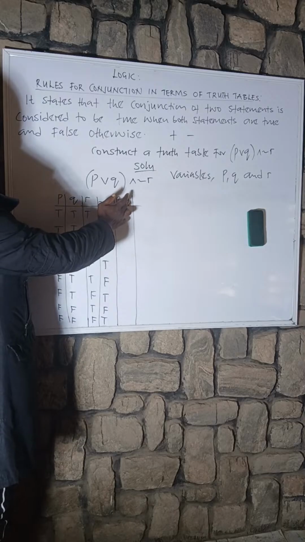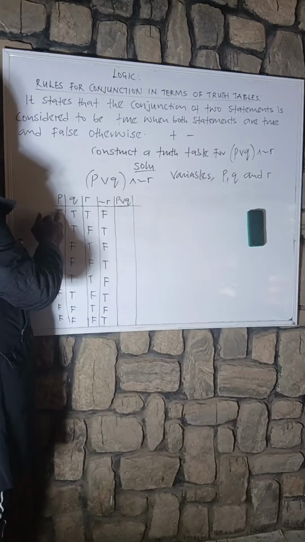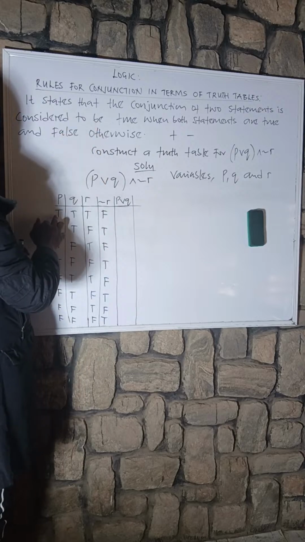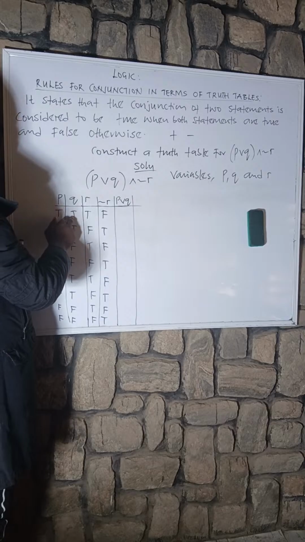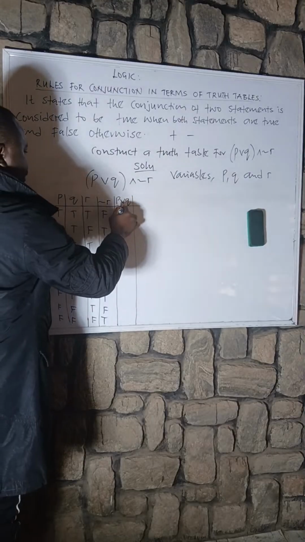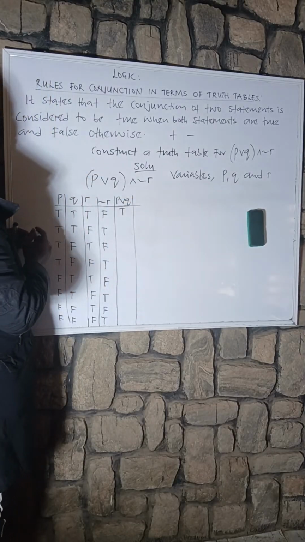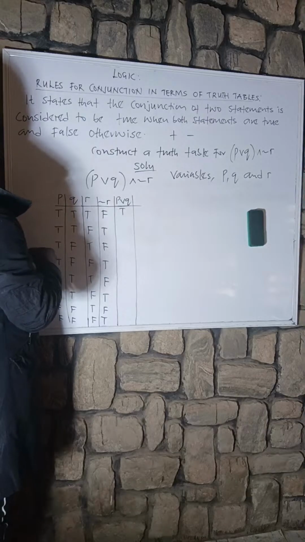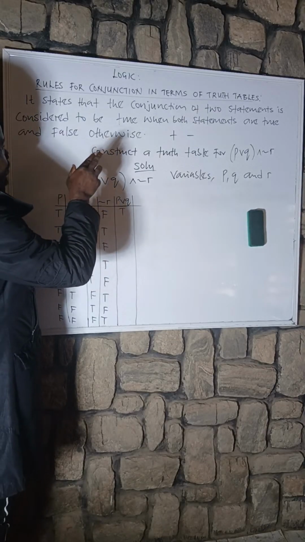P conjunction Q. So we go by this statement. Here will be T, because the conjunction of two statements is considered to be true when both statements are true.